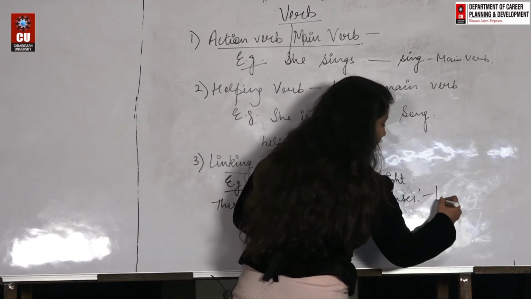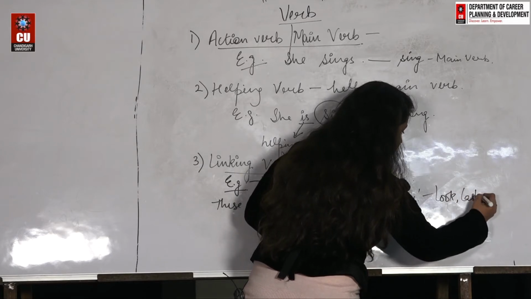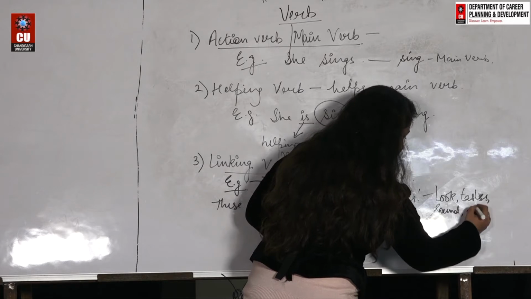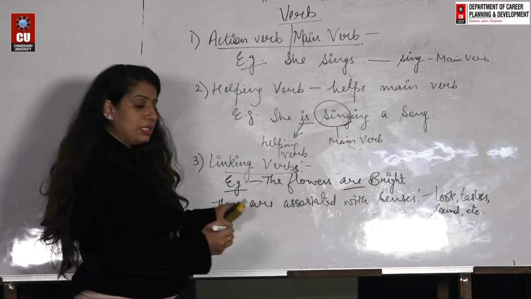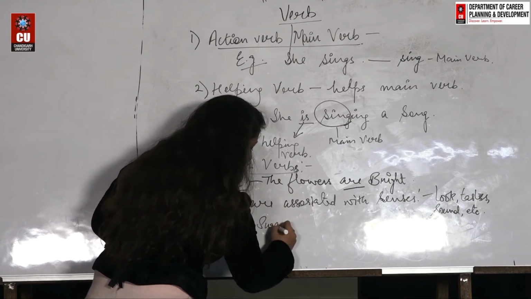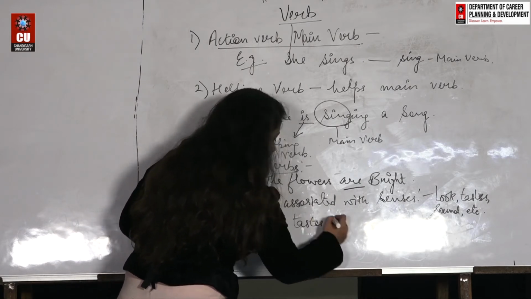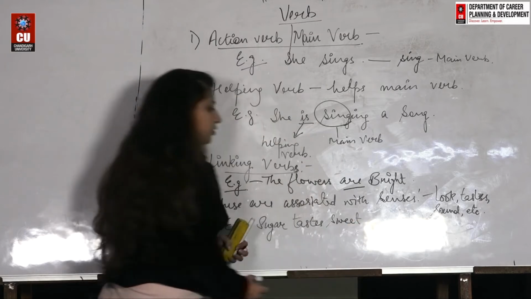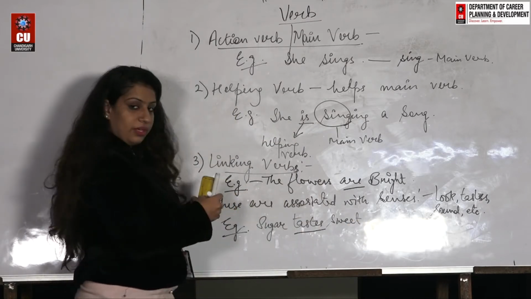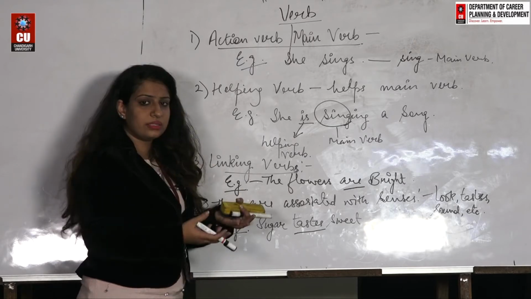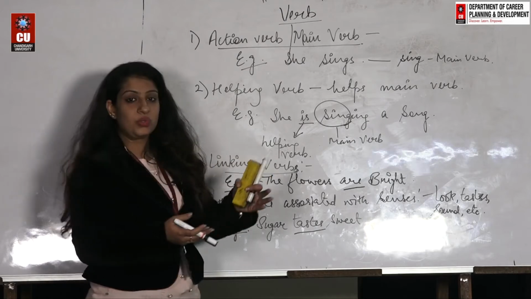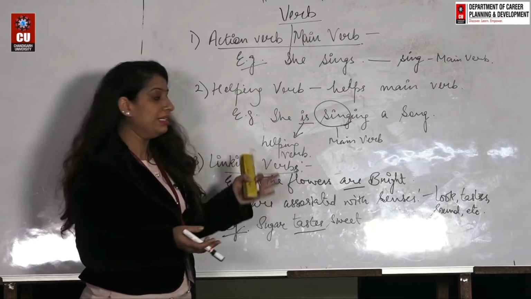Example, look, taste, sound, etc. Now an example for these senses: sugar tastes sweet. So what will be the linking verb here? Tastes. Okay. And there are some other linking verbs also, like remain: they remained outside. So in that sentence, remained is the linking verb.